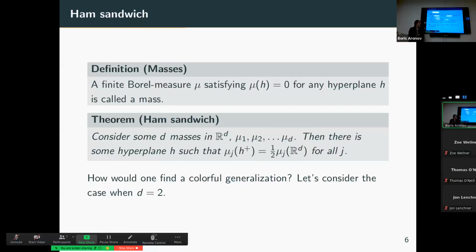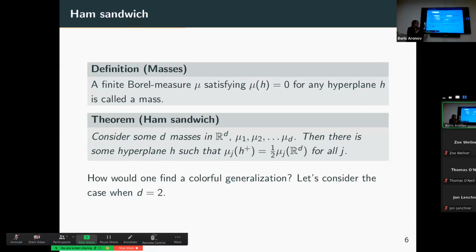It's the same hyperplane throughout. And this is related to the Borsuk-Ulam theorem because you can encode each hyperplane as a point on the sphere. And using the Borsuk-Ulam theorem, you can show that you would have to have this hyperplane that bisects them.